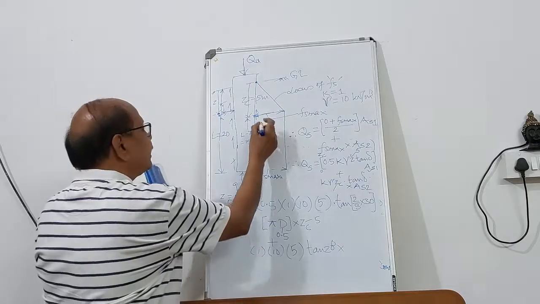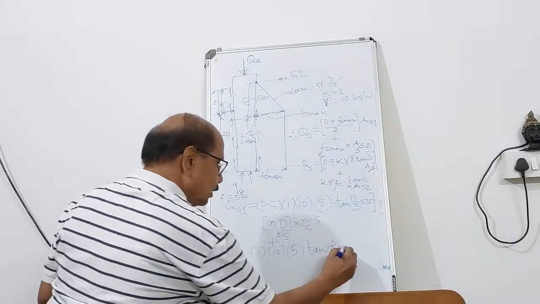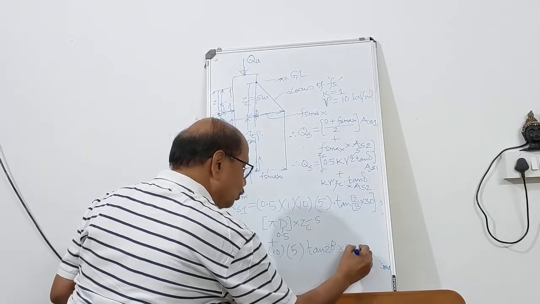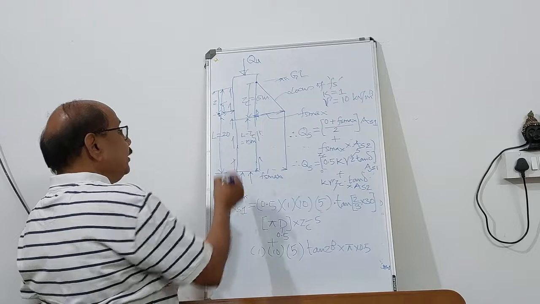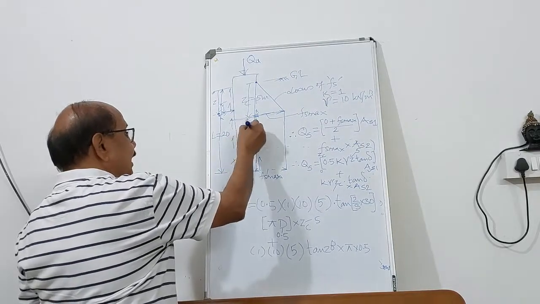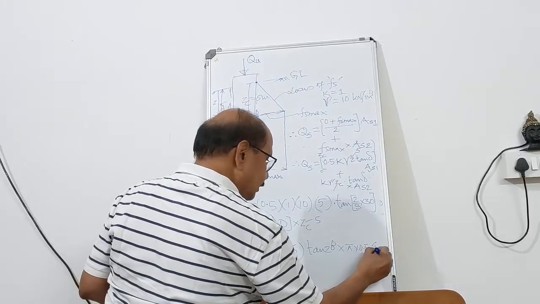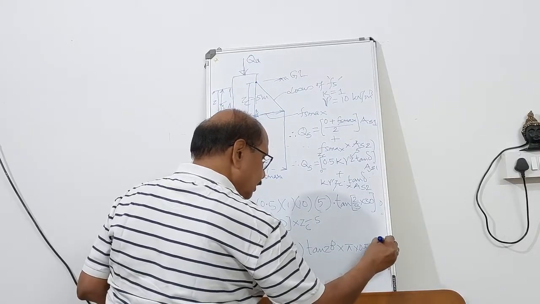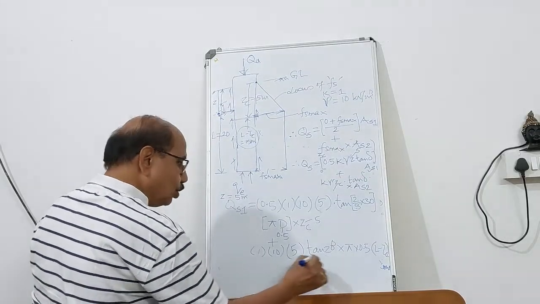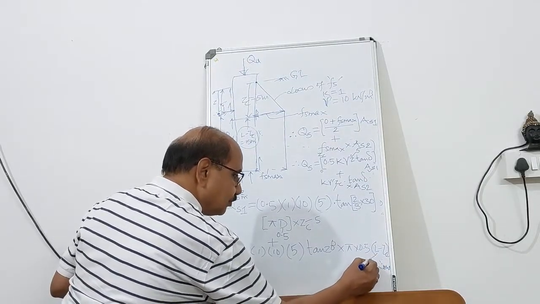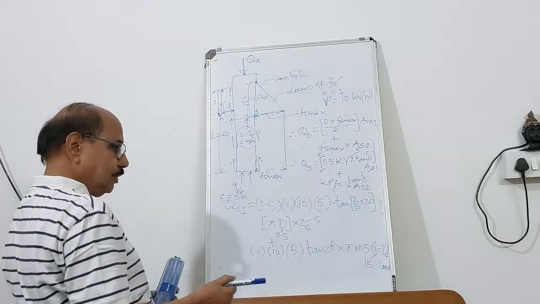Now what is the surface area? Surface area has to be considered beyond this. So it will be pi into D into what is the length? L minus Z critical. So you substitute it. What is L minus Z critical? It is 15 meter. So here it is 5, here it is 15.